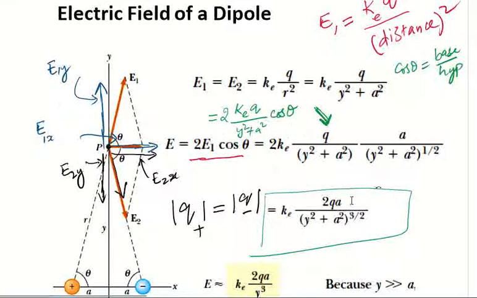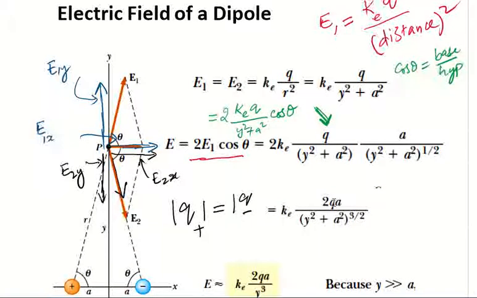So we see that the magnitude of the dipole moment is actually present here. So we see that E, due to the dipole, equals ke times p, the magnitude of p, divided by y square plus a square whole to the power 3/2.